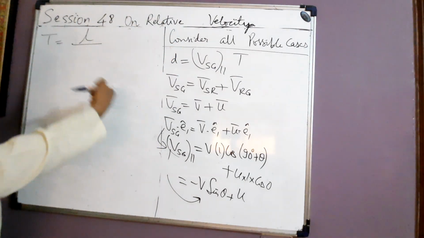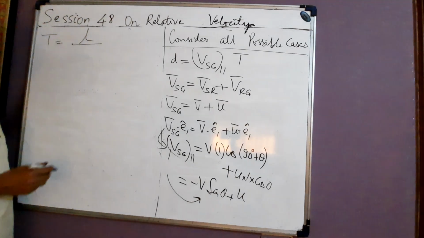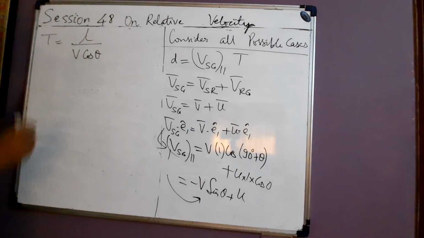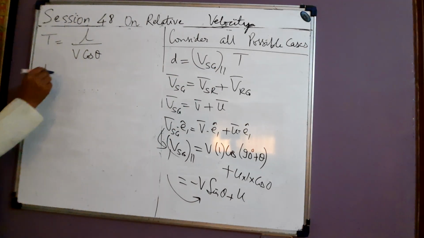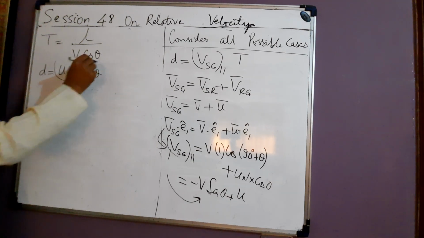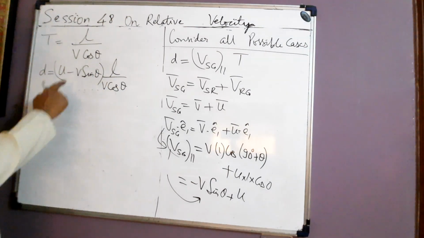As per the diagram, this is the component of VSR normal to the river flow direction, which is nothing but V cos theta. This is the expression for T. So this T we will substitute here. So drift D becomes (U minus V sin theta) into L by V cos theta. This is the expression for drift.